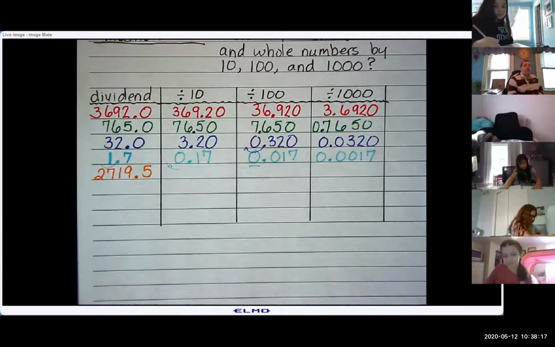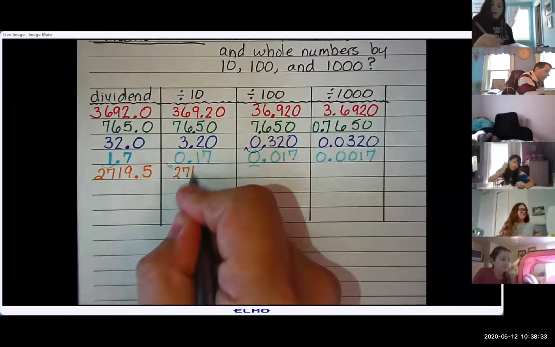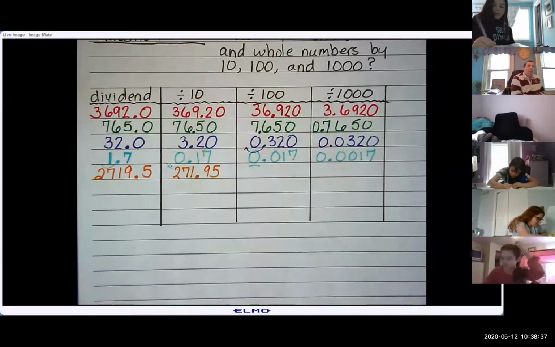How about Joseph, when you're done sneezing? Go ahead. 271 and 95 hundredths. Perfect. Keep going when you're ready.